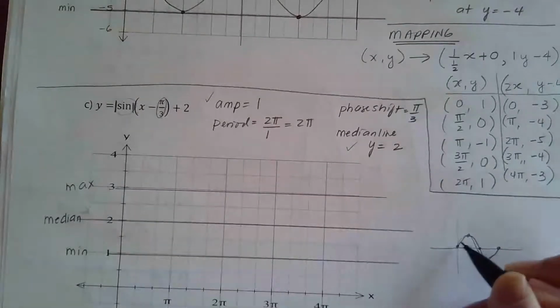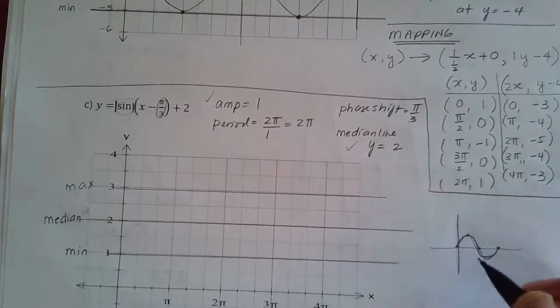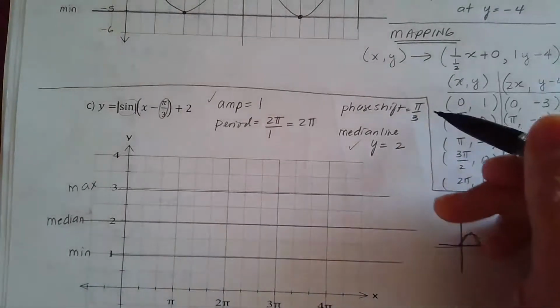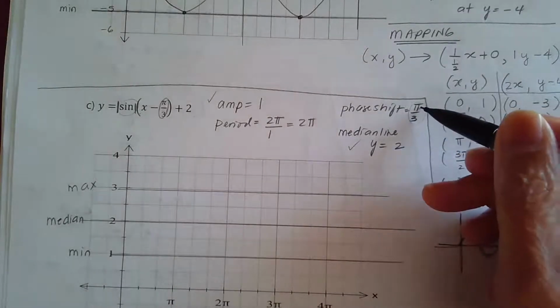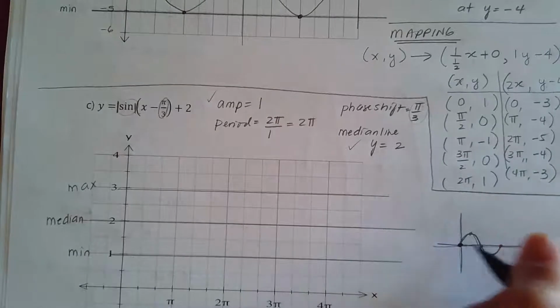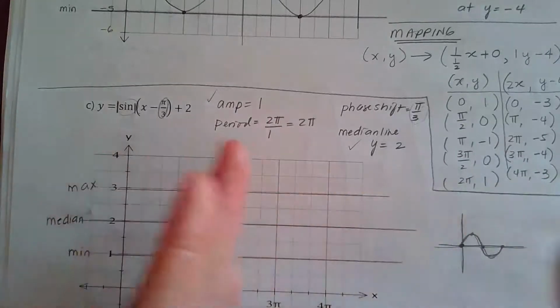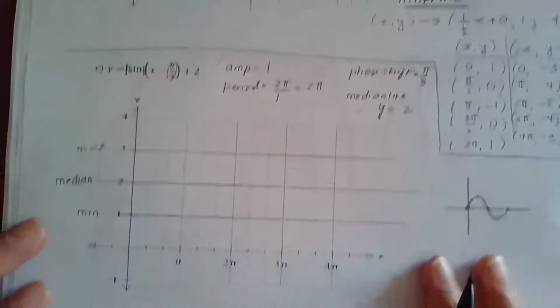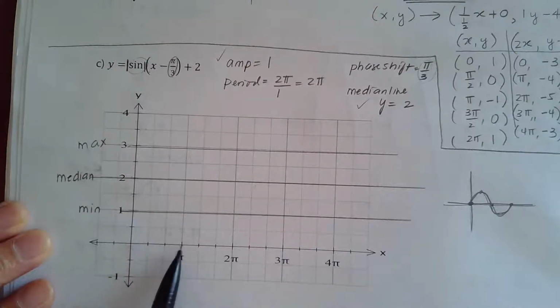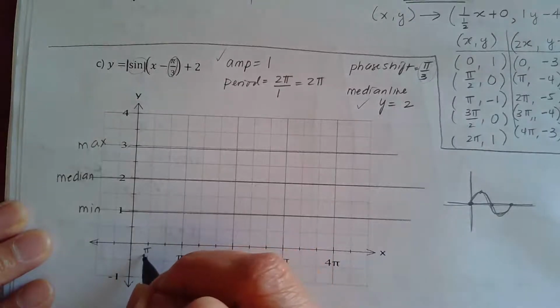This is what the basic sine function looks like. I've got to remember that all the time. But this one here, we have to start at pi over 3. So instead of starting at 0, 0, we're going to move pi over 3 this way to the right. Well, where's pi over 3? From here to here is pi, so pi over 3 is over there. So this is pi over 3.